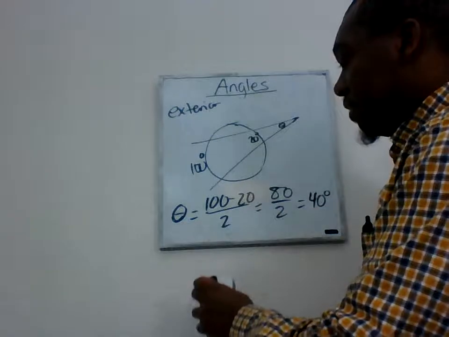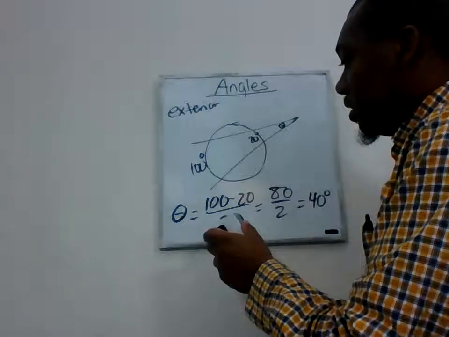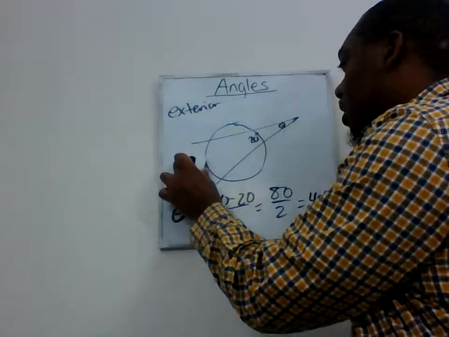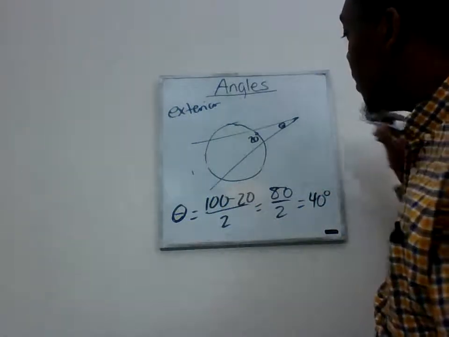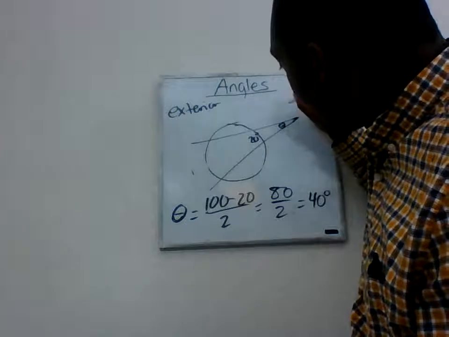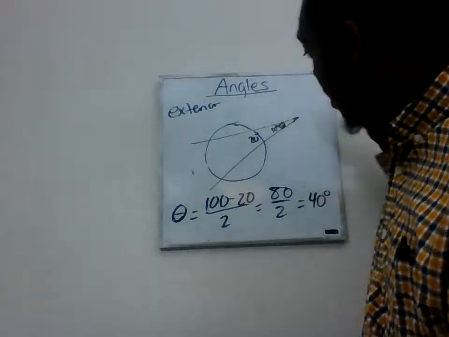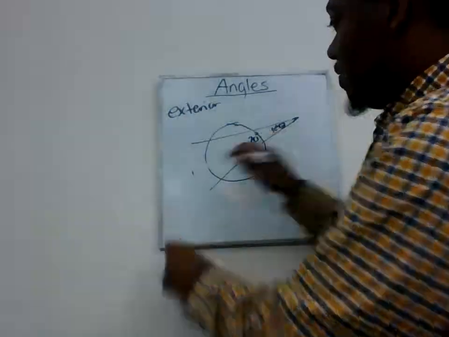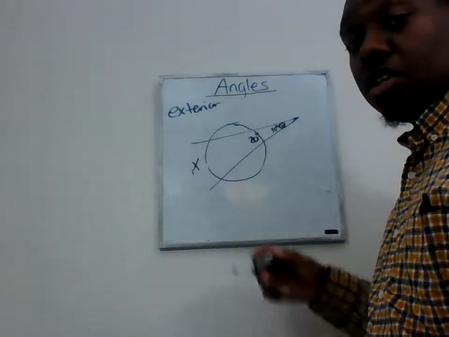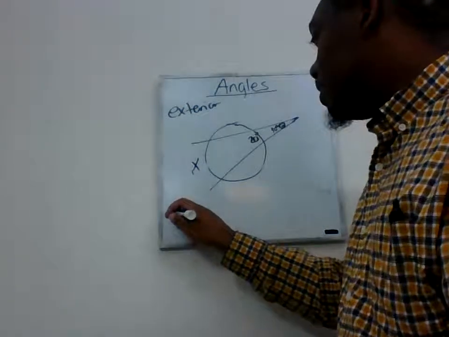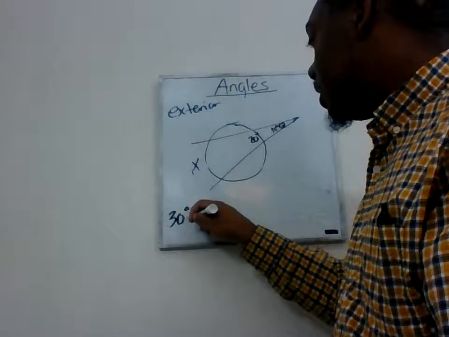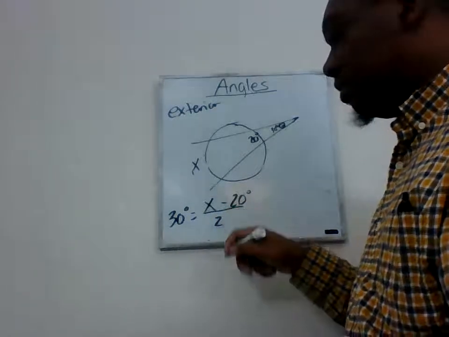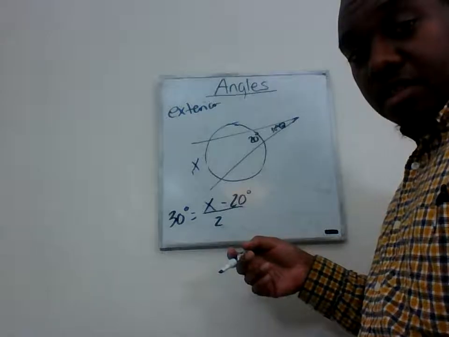Okay, that's simple enough. Well, let's say instead we were told that, hey, this angle is actually 30 degrees. And we need to find out what's the larger arc here. So we know that 30 degrees is equal to x minus 20 degrees divided by 2. Well, how would you solve for x?